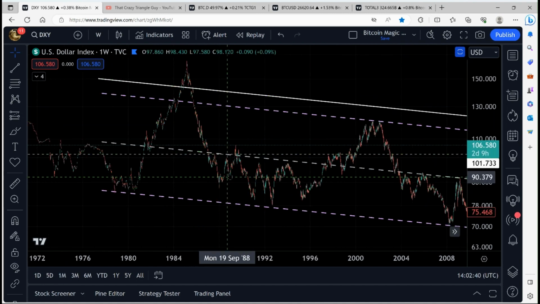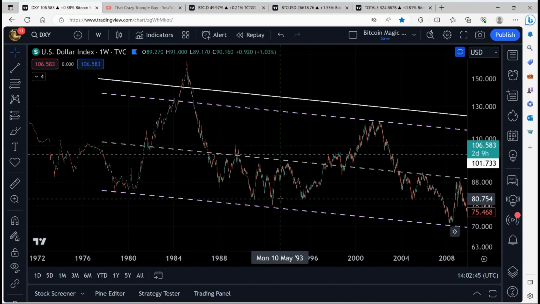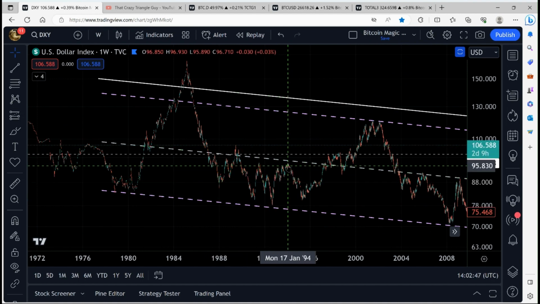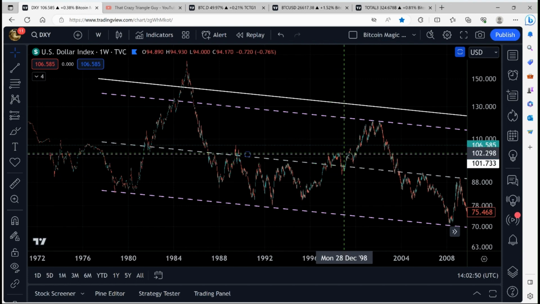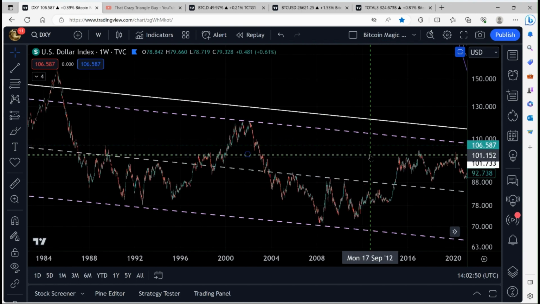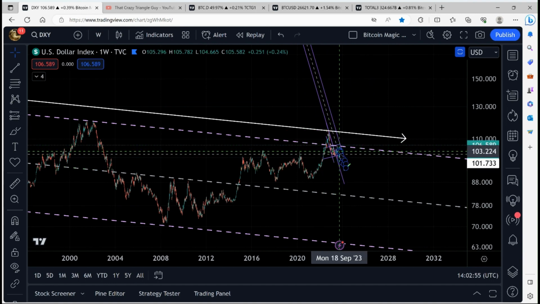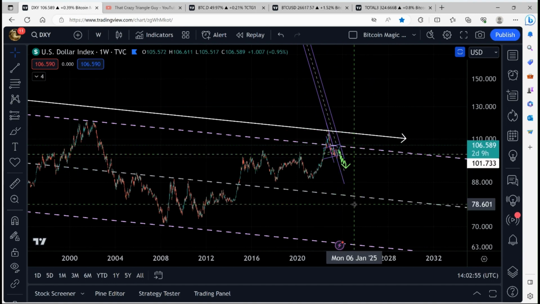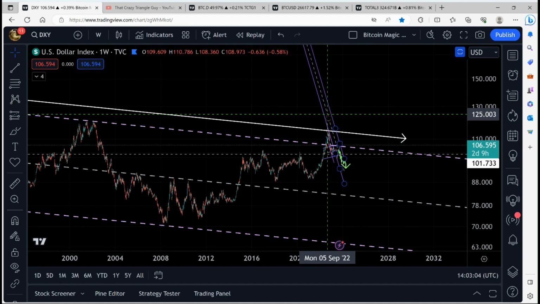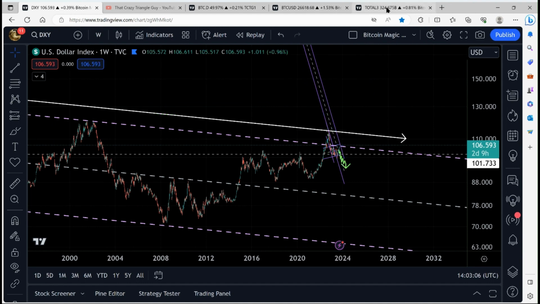Even all these little ones, downwards. It's rare that we make these little things like that. So here we are making kind of a little thing, but we're going down there. So that's that on the Dixie and Total 3.